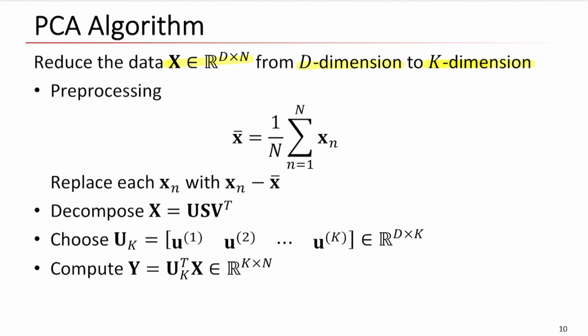What I want to do is pre-process the original vectors xn. This is just one column xn. First we compute the mean of xn, then replace the original xn with xn minus its average.